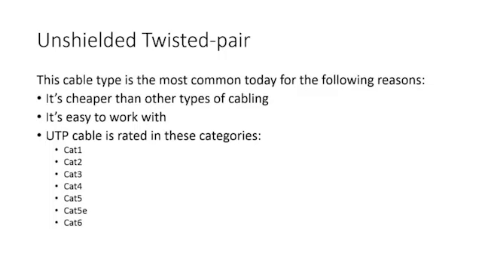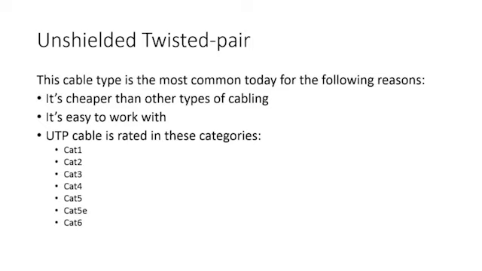Now that unshielded twisted pair, like I said, I think it is the most common today. It's cheaper, all right? It is easy to work with, and we do have different categories: 1, 2, 3, 4, 5, 5E, and 6. Now you're probably not going to see 1 through 4. 3 was somewhat popular maybe 15 or 20 years ago, because it was the standard.